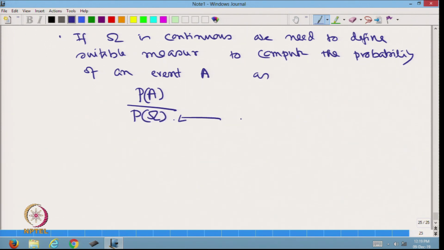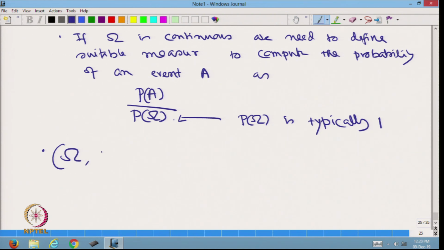Typically, we keep P of omega equal to 1. So, if this is 1, then P of A itself will give us the probability of A. If it is not 1, then we have to make the division, and therefore, through that we will get the probability.